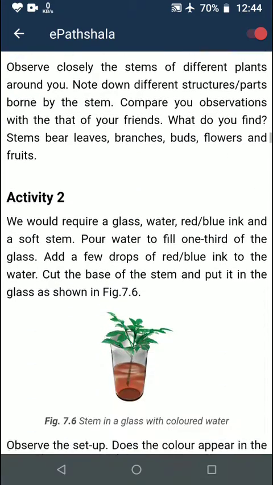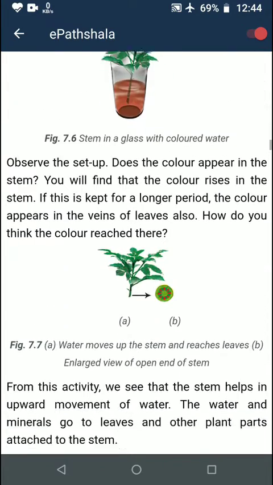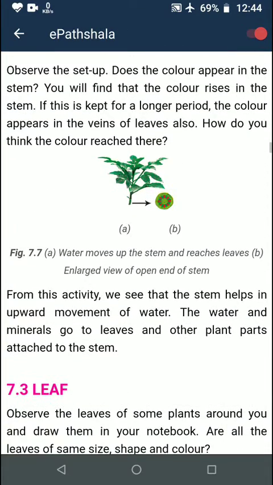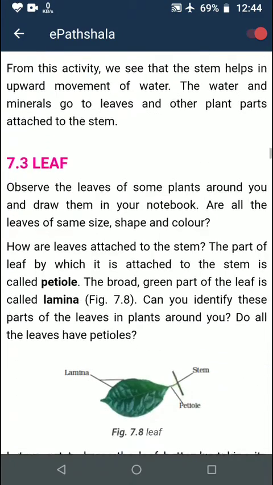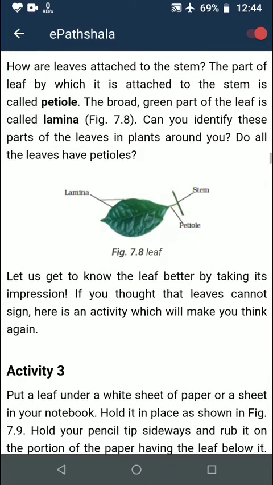Stem. Stem in a glass with colored water. Leaf. Here are some important terms: petiole, lamina of leaf.